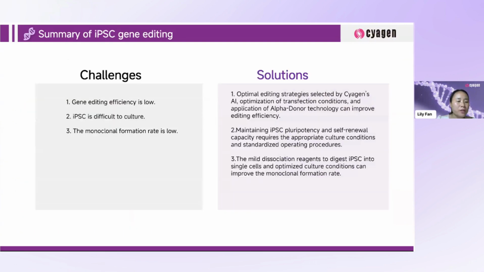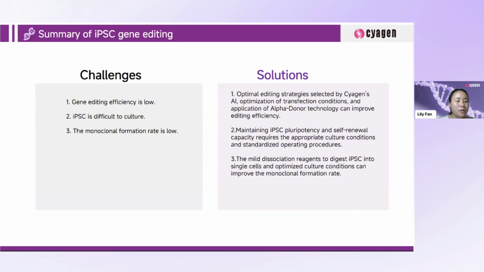In summary, the key challenges in iPSC gene editing include low editing efficiency, difficulties in iPSC culture, and the low monoclonal formation rate. To address these issues, first, optimal editing strategy selected by Cyagen's AI optimization of transfection conditions and application of alpha-donor technology can improve editing efficiency.